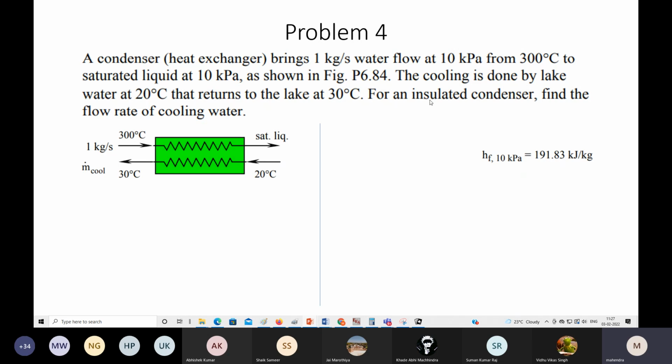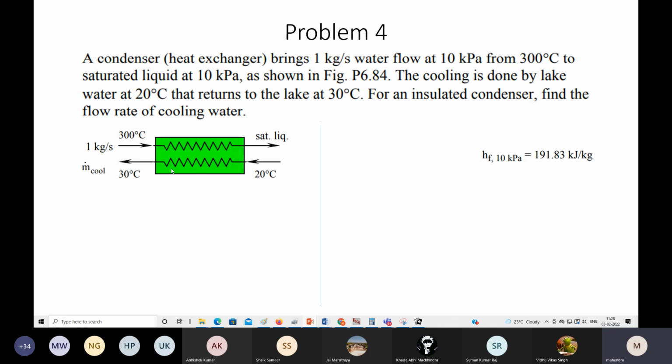Here in the problem itself, it is mentioned as lake water. That means this is operating at atmospheric pressure only. When you compare, this side is at low pressure and that side is at high pressure. And this water coming from the lake is at 20 degrees centigrade, and it takes the heat from the steam.